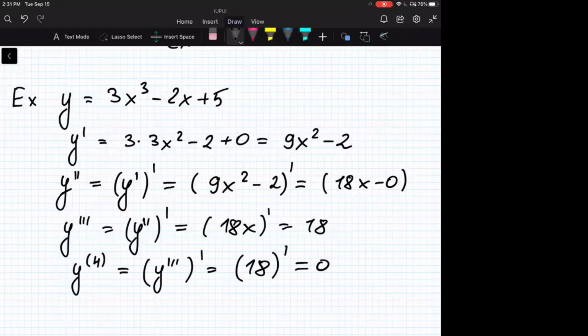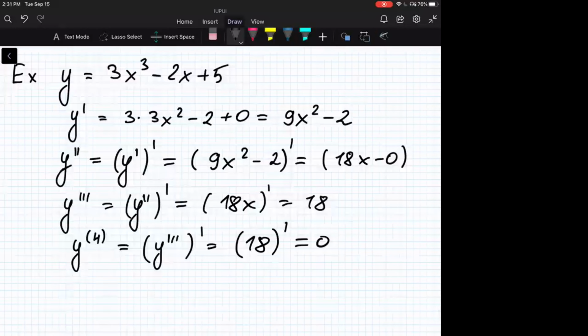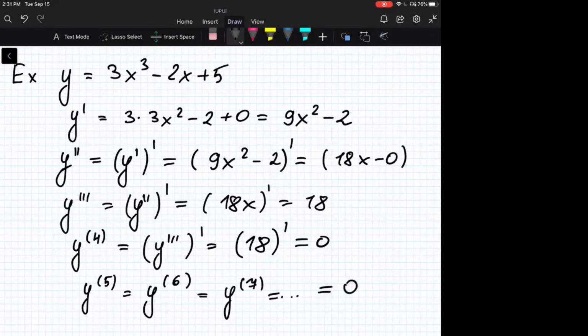So the fifth, sixth, seventh derivative, and so on, all of them will be 0. Okay, so again, this is nothing else but the definition. So you just continue differentiating until you get the desired higher derivative.